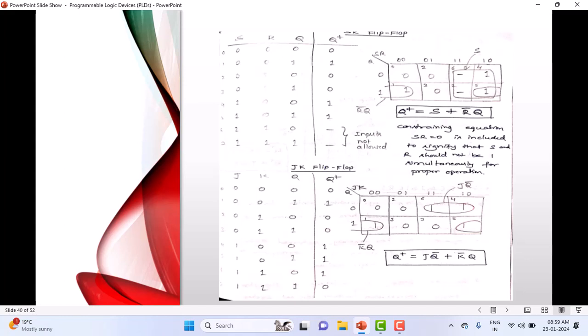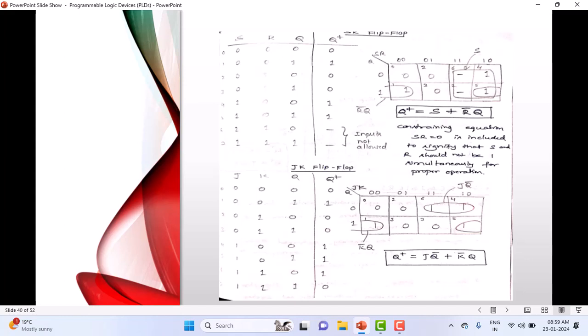Something similar you can write here: 1 and 1. See how simple it is. Now the next step is to represent this on the K map. How many cells will the K map have? You can't blindly go for an 8-cell K map. Go for a 4-cell K map and your equation will be very simple.